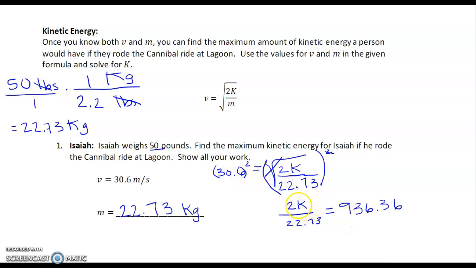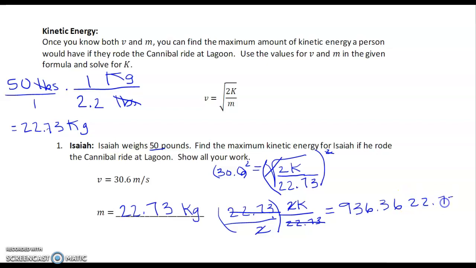Okay, so that's what 30.6 squared equals. Now I still need to solve for K. Whenever you have a fraction in front as your coefficient, you can always multiply by the reciprocal. So I'm going to multiply by 22.73 over 2, because then those will cancel out. The 2's cancel, but I also have to do it to the other side.